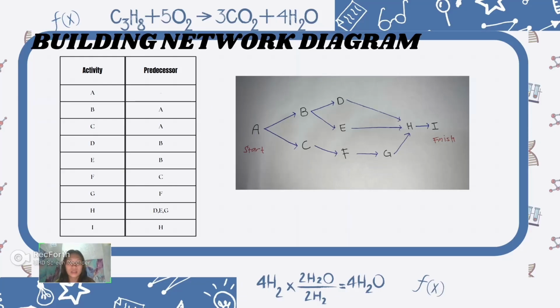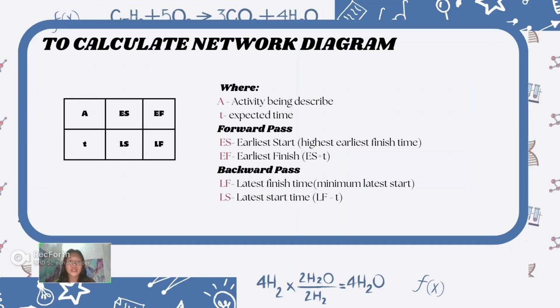To compute the network diagram, we can now determine the earliest starting time and earliest finishing time using the forward pass method, where the earliest starting time is equal to the highest earliest finish time, and the earliest finish time is the sum of the earliest starting time plus the expected time.